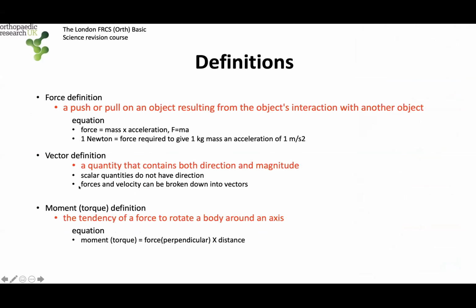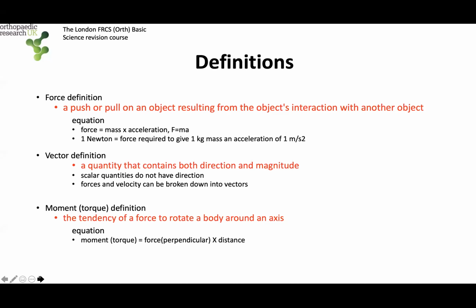A vector is a quantity that contains both direction and magnitude, whereas scalar quantities don't have direction. And finally, a moment or torque. This is the tendency of a force to rotate a body around an axis. So the moment is equal to the force times the perpendicular distance.